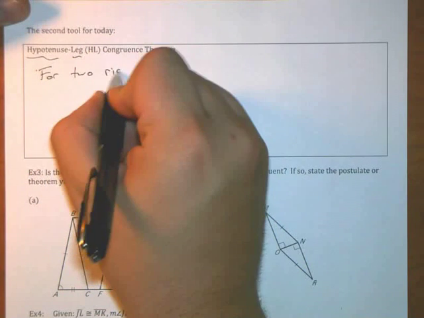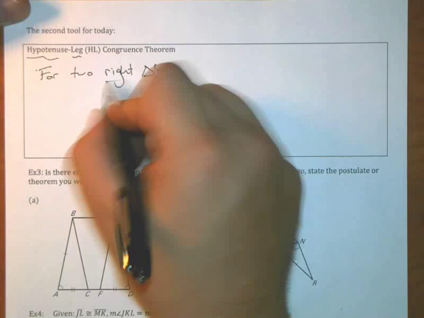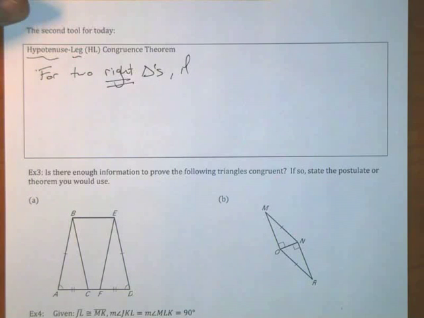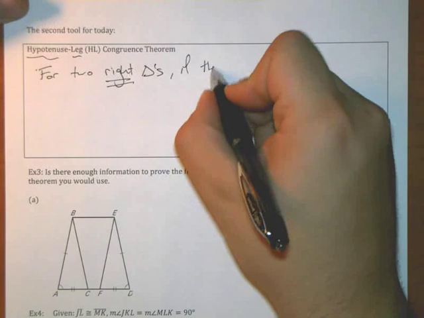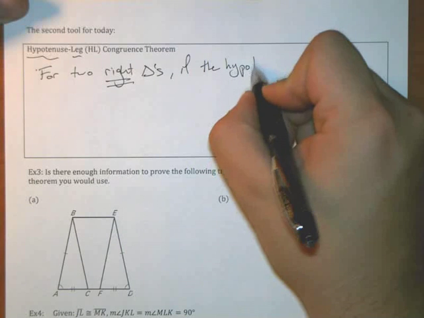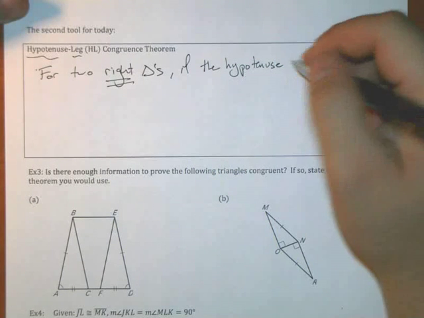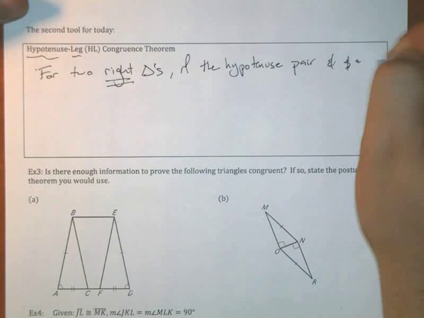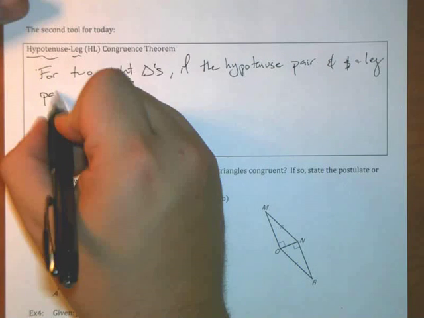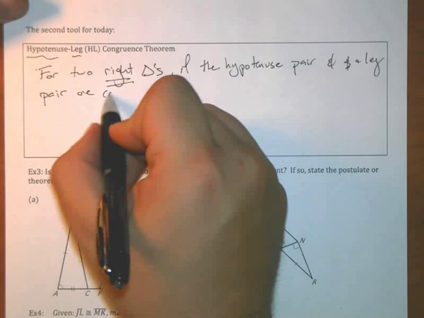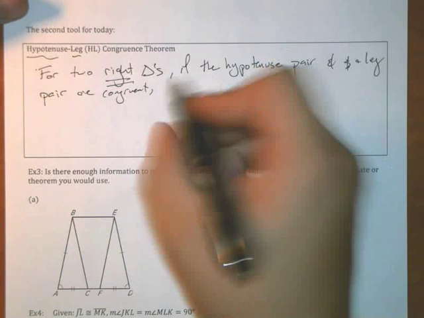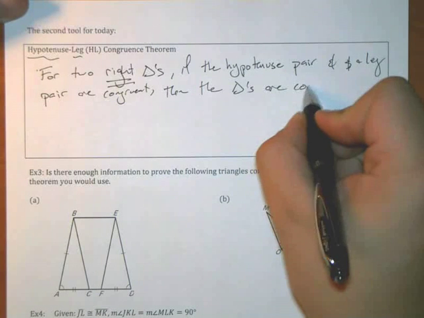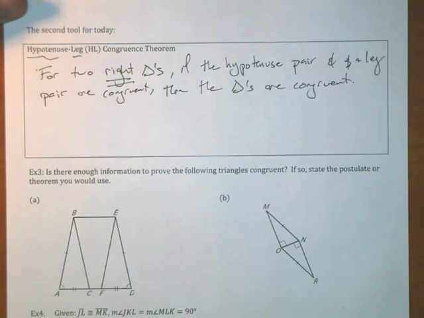So it says for two right triangles, very important, if the hypotenuse pair and a leg pair are congruent, then the triangles are congruent.